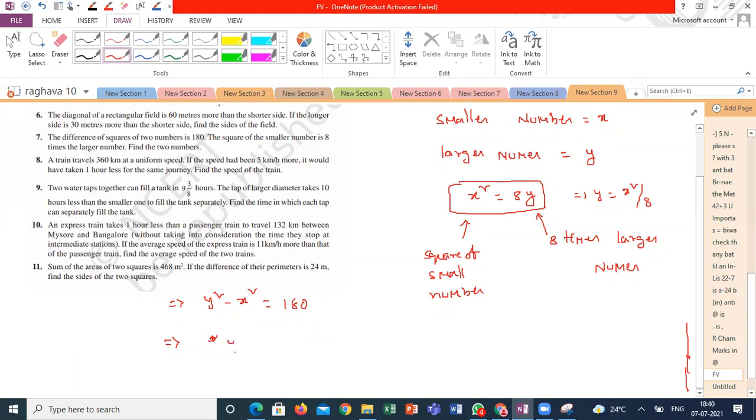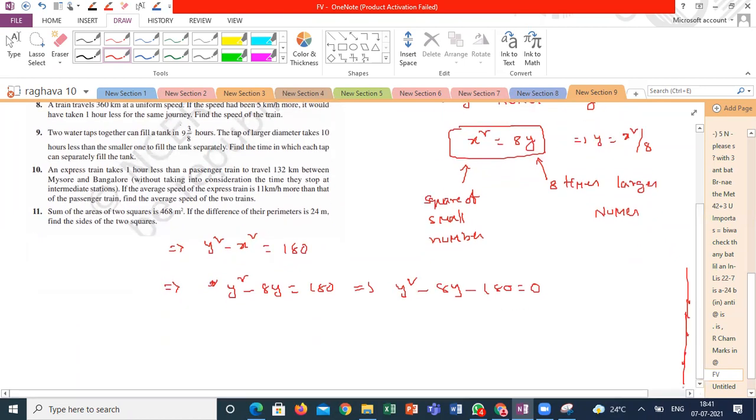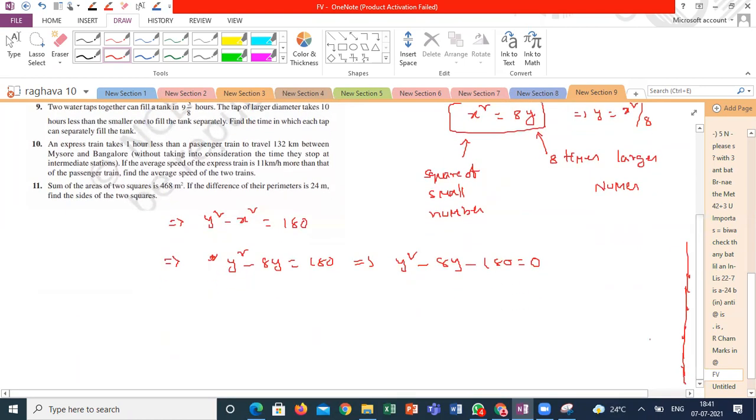I'm keeping y square as y square and taking x square as 8y, so y square minus 8y is equal to 180. So solve for y now. It will be easy. Don't try to convert the equation into x, you will get x power 4. Is it clear what I'm saying? Okay, sir. So solve this question and let me know the answer.